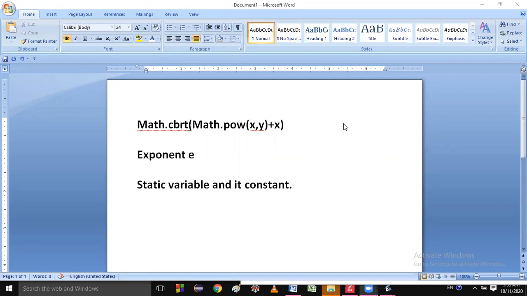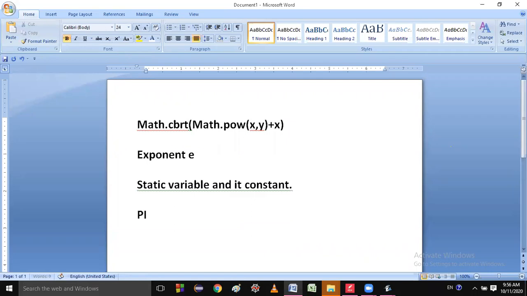So you will write a constant in capital letters. Every letter will be in capital. Is it clear? So a static variable is called by the class name. So there is a constant pi. What is the constant variable?